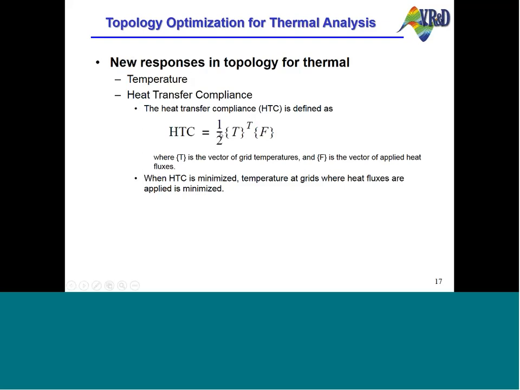The heat transfer compliance is defined as T transpose F, where T is the temperature and F is the applied heat flux at that grid. So when HTC is minimized, the temperature at the grid where heat flux is applied will be minimized. So by minimizing HTC, the user can maximize the heat conduction in a part.